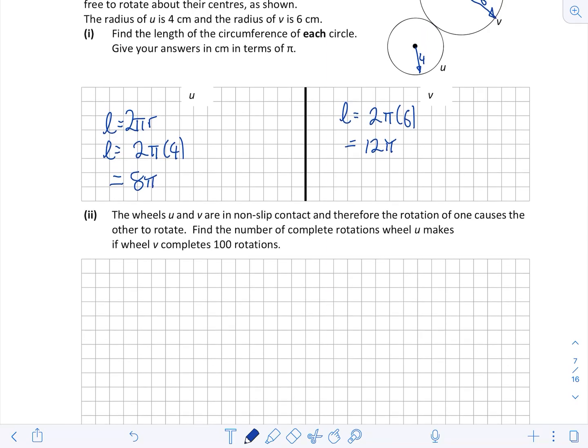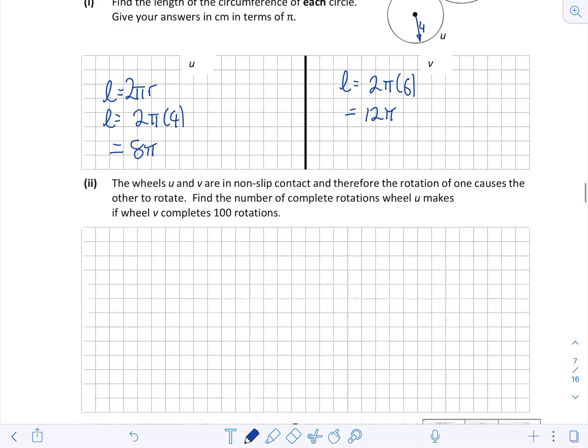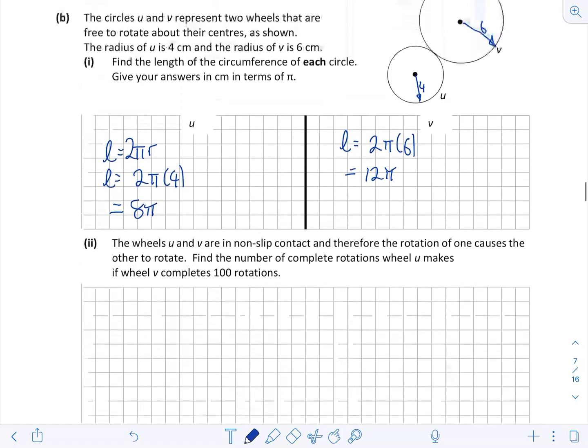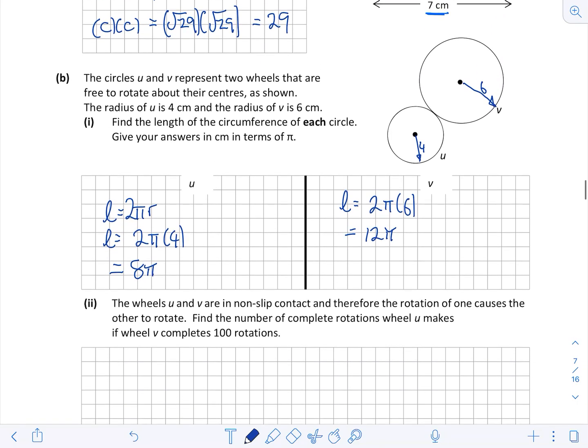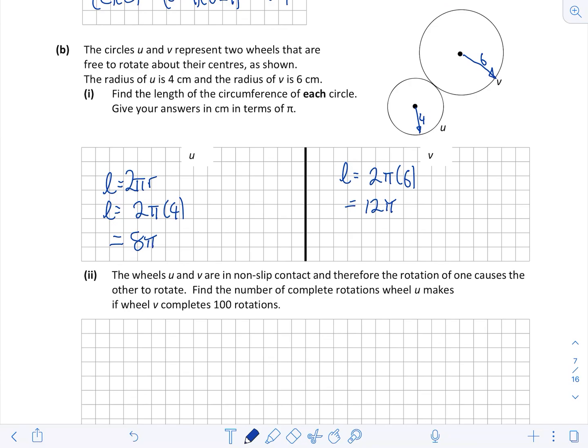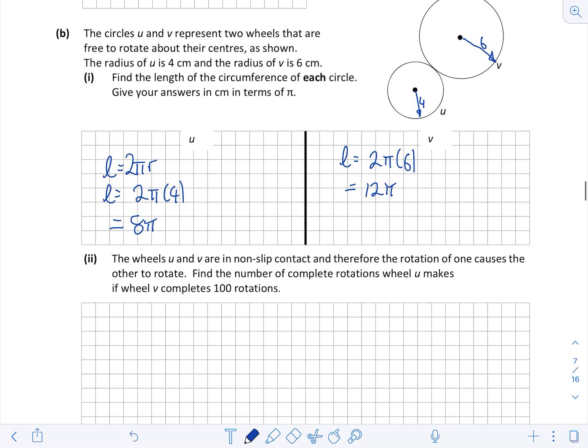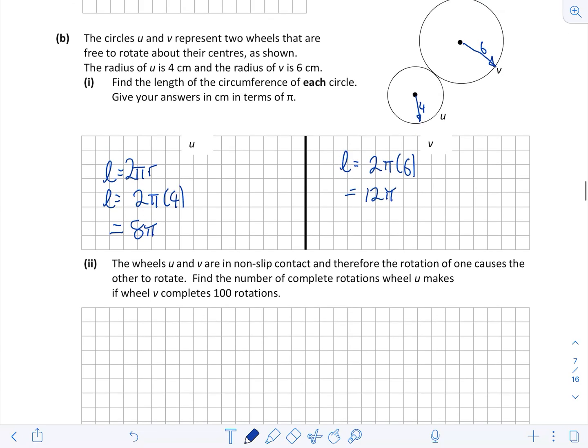The wheels U and V are in non-slip contact, and therefore the rotation of one causes the other to rotate. Find the number of complete rotations wheel U makes if wheel V completes 100 rotations. Okay, so wheel V makes 100 rotations.